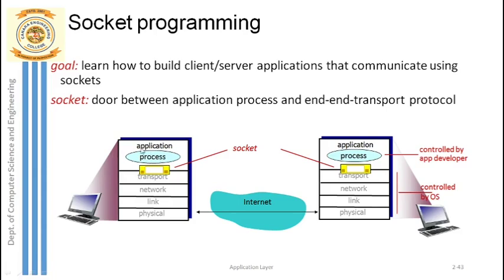So assume this is my house in an apartment, and in my house I have a common door, and that door is this yellow box. If I have to go out or come in, or if I have to receive a letter, it should come via this door only, right?